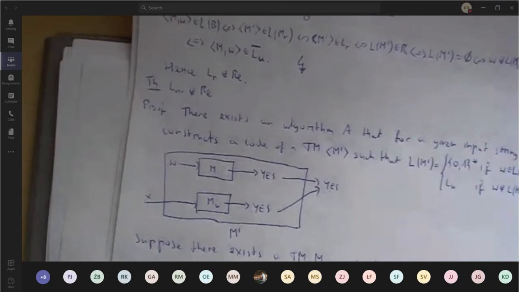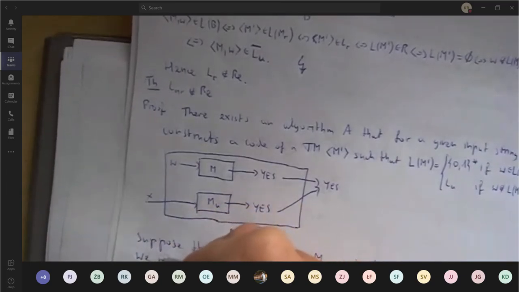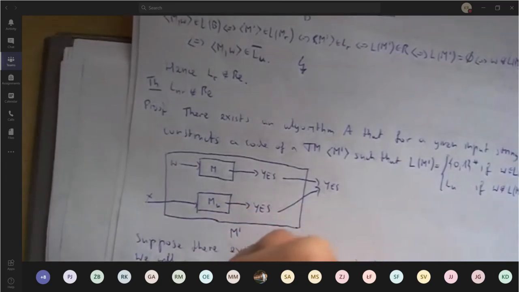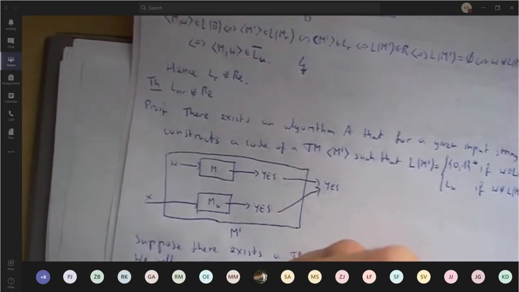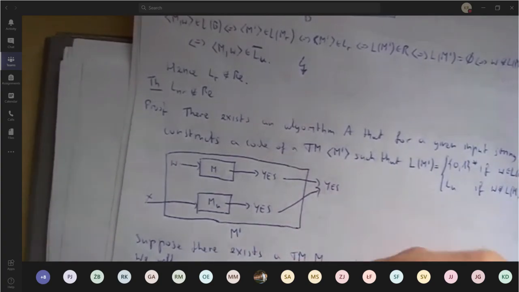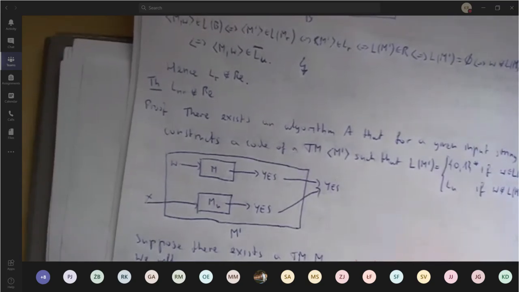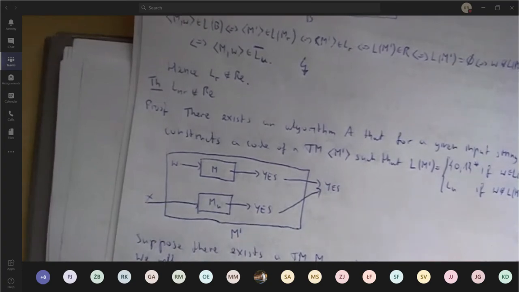And now I will construct a Turing machine B that accepts the complement of the universal language.